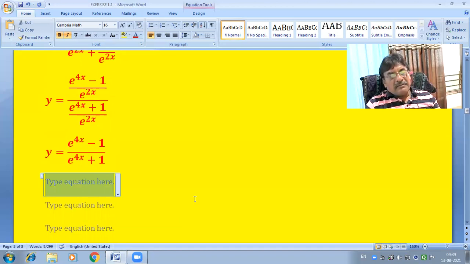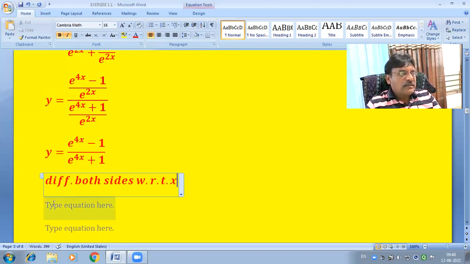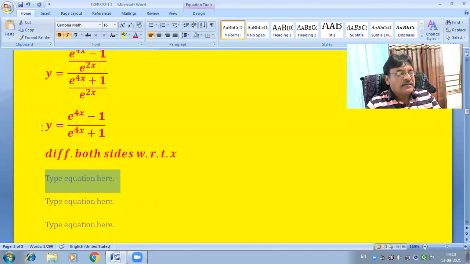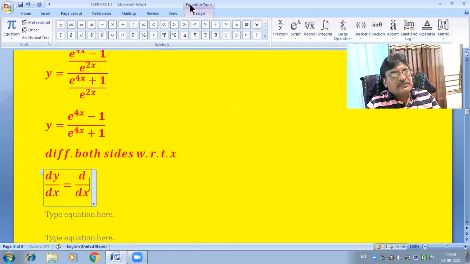Then here we use the division rule, or taking log on both sides. So we use the division rule. Differentiate both sides with respect to x. Then d/dx of y, therefore dy by dx, is equal to d/dx of the right hand side function.